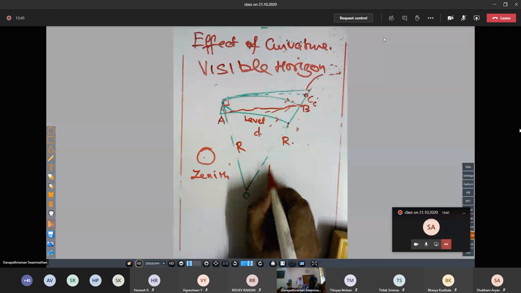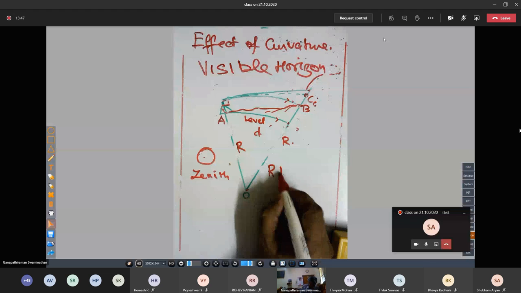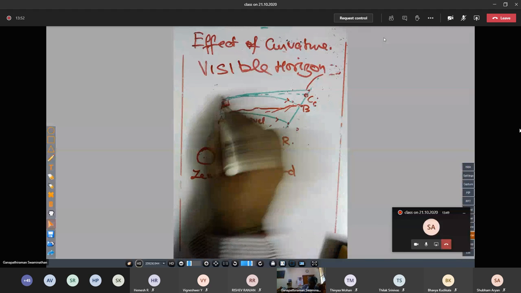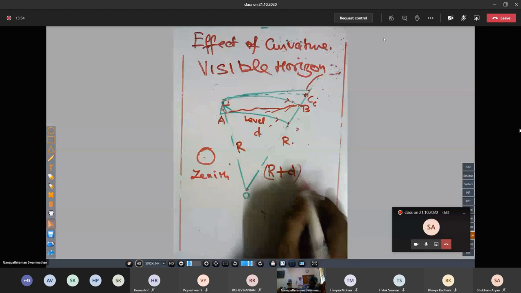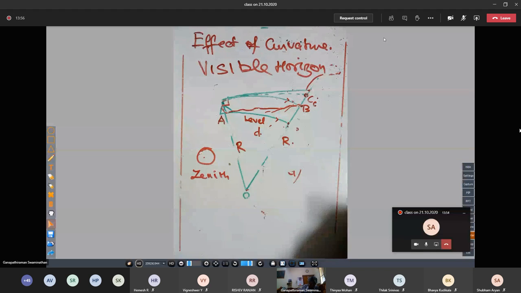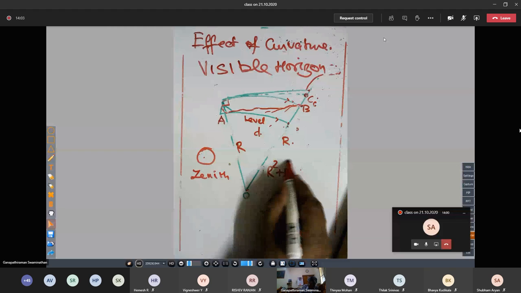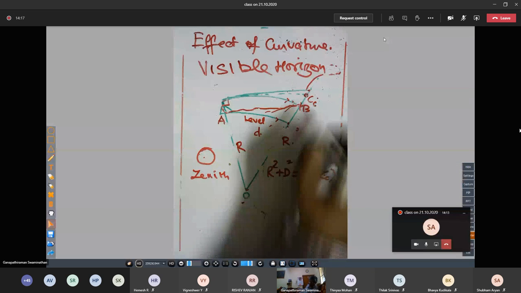R square plus D square, the horizontal distance D, equal to R plus CC, the combined correction, squared.